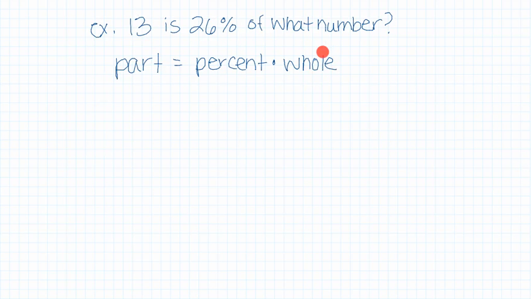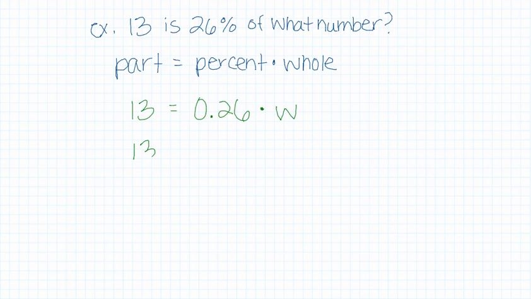Now, all you need to do is substitute these numbers in and figure out what it is you're looking for. So do we have the part? In fact, we do. It's 13. Do we have the percent? We do. It's 26%. And in this case, we're going to be looking for the whole. So let's write that down.